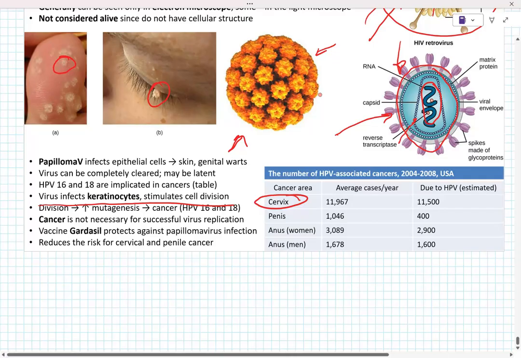It also can cause penile cancer, anal cancer, vaginal cancer. It is implicated in certain cancers of the head and neck, basically throat cancer, where it kind of works together with Epstein-Barr virus. My point is, we have a pretty good vaccine called Gardasil.